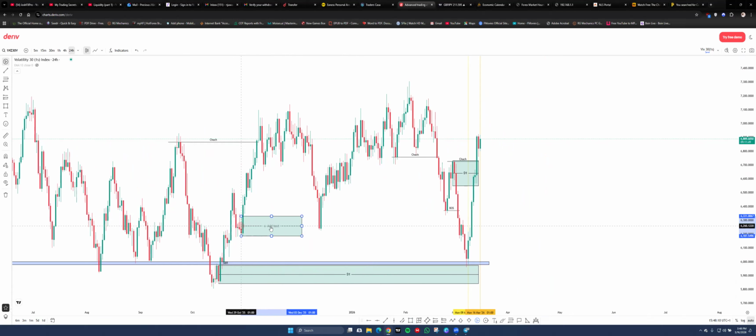You understand what an order block is? So the reversal came down to this order block, mitigated it, full mitigation. This is why this order block is now invalid. You wouldn't have to wait for it to come here, right? So last week closed here.